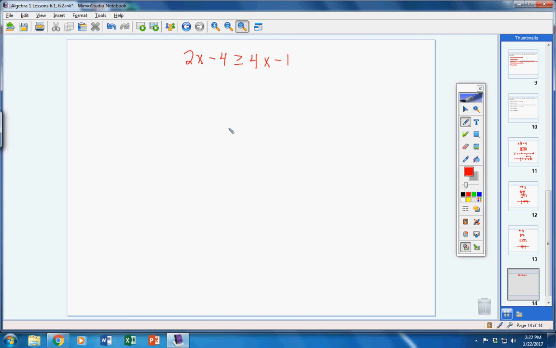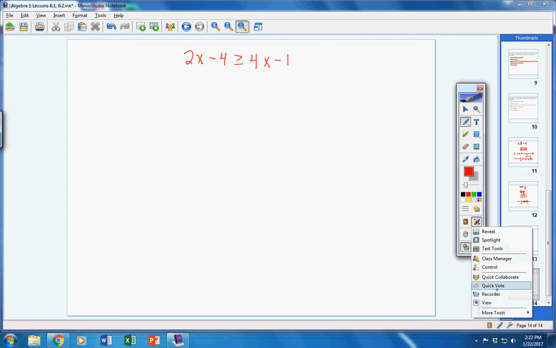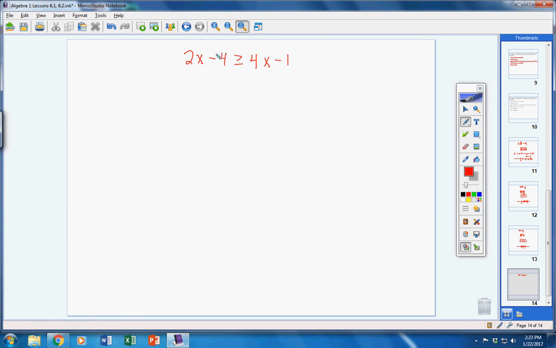Okay, there we go. Step 1, simplify both sides. Already done. Step 2, eliminate fractions. Already done. Step 3, move your constant terms to one side and your variable terms to the other side. So guys, let's bring the 4x over and make it a negative 4x.